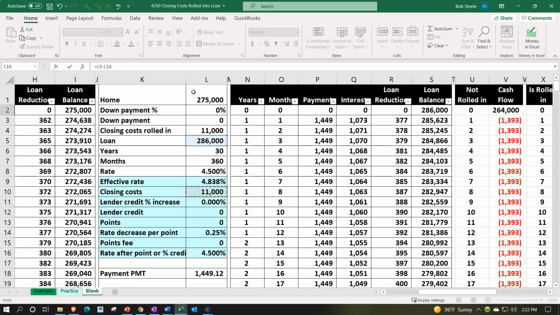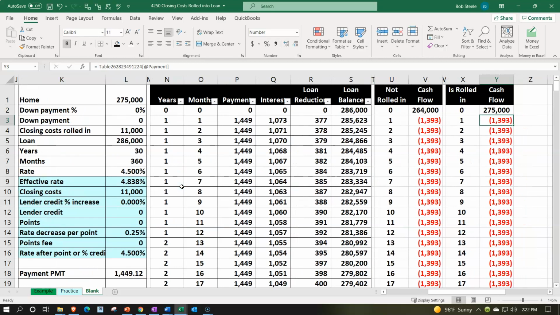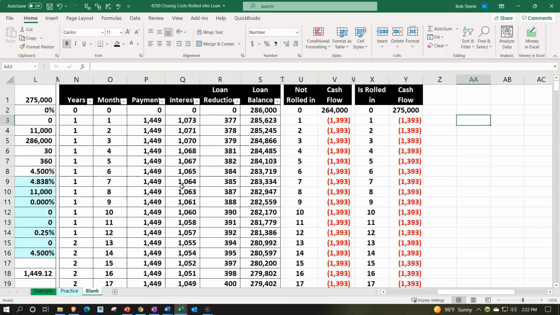So really, you got $286 because you're paying off, in essence, the closing costs, right? So we're going to say that means that we got $275 in total. So we got $286 of the loan, and then we had to pay $11 back in order to get the loan, and then the $275 is what we actually got to use to purchase the home in that case.